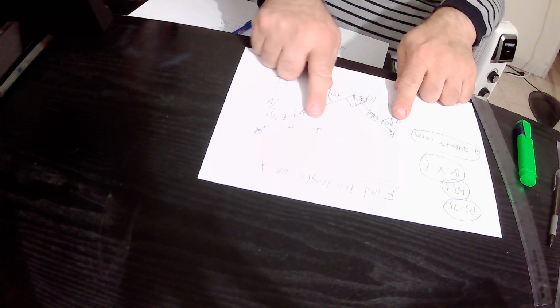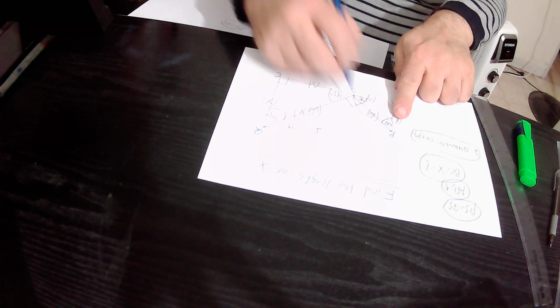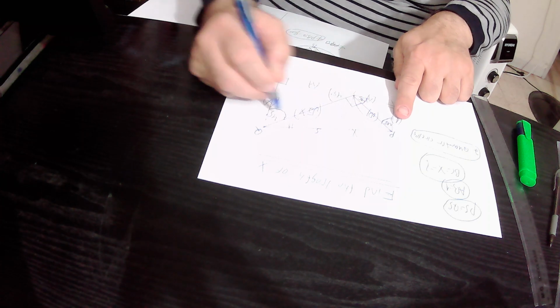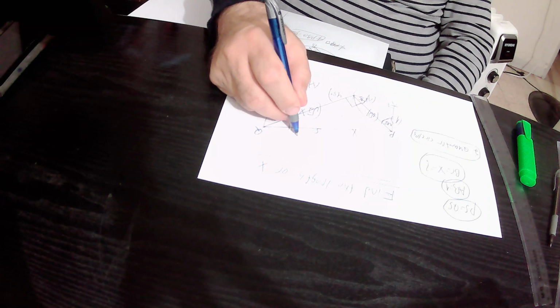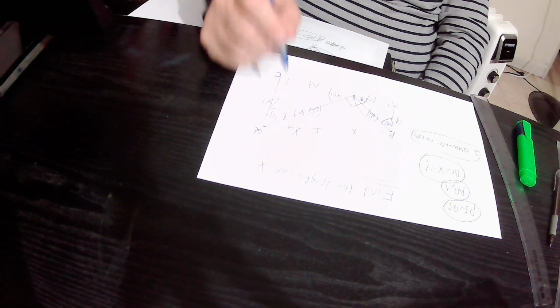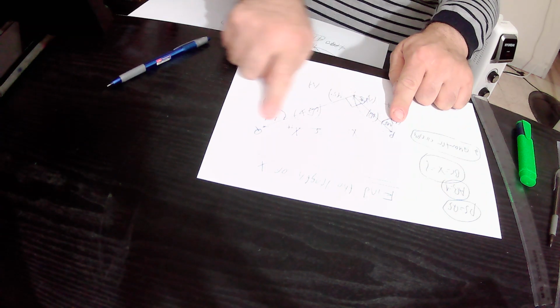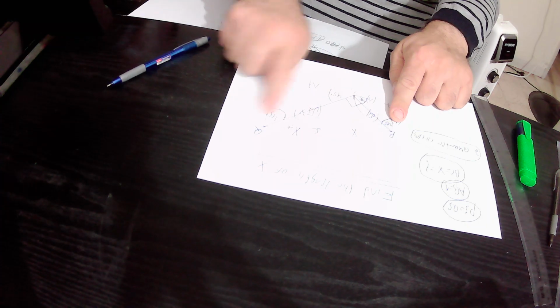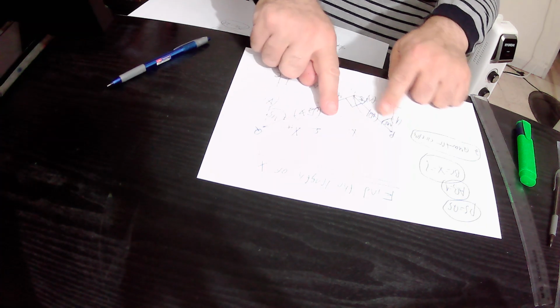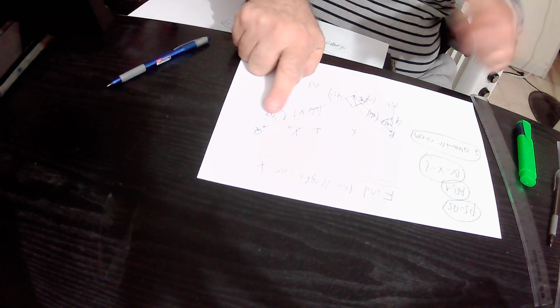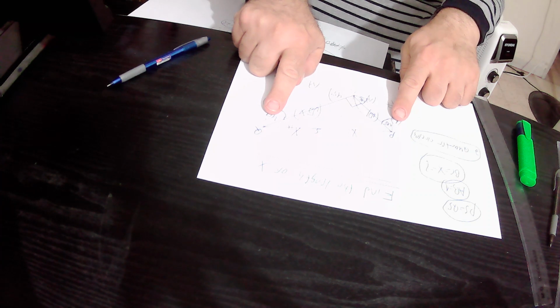So if we define PS as X, then SQ must also equal X because they are equal to each other. So in total, line segment PQ equals PS plus SQ. That is to say, PQ equals PS, that is X, plus SQ, that is X. So in total, PQ equals 2X.